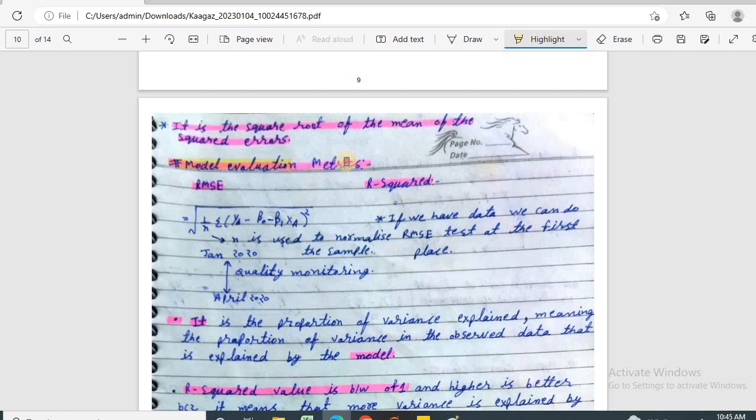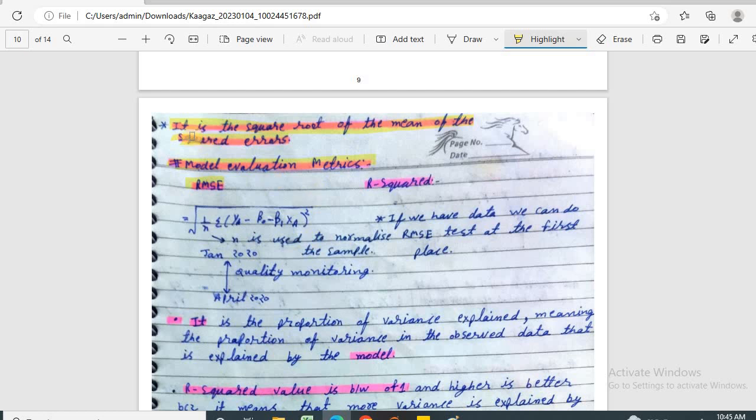Now we will discuss model evaluation metrics. What are the methods we can use? First one is RMSE, root mean squared error. It is the square root of the mean of the squared error.